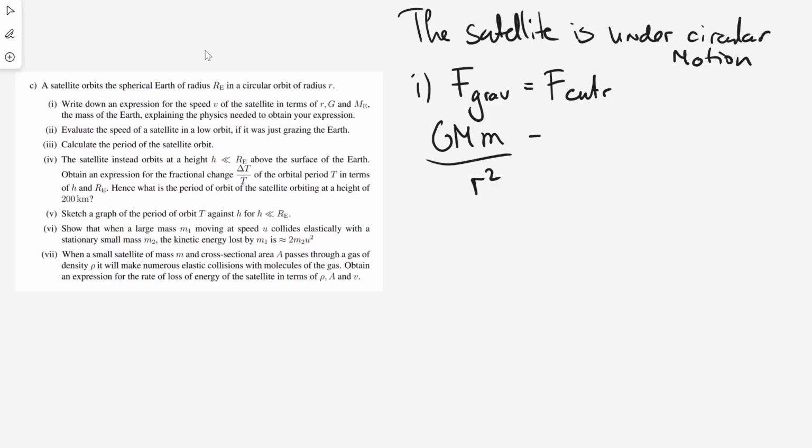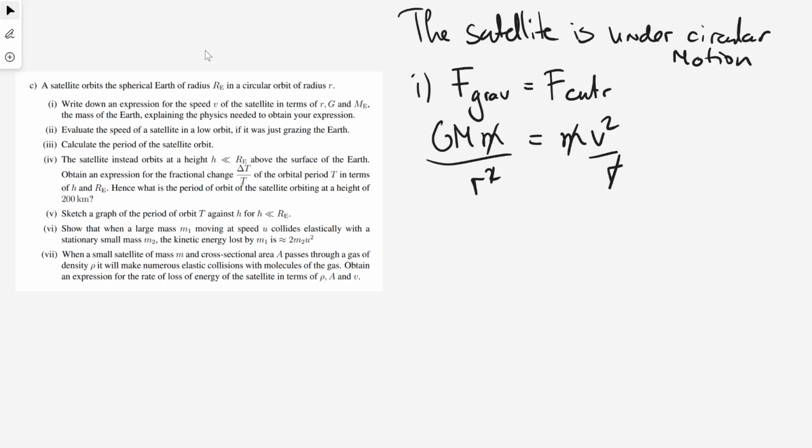So GMm over r squared will be equal to the net force, which is mass times acceleration. The acceleration is centripetal, which is v squared over r. Let's rearrange for v.